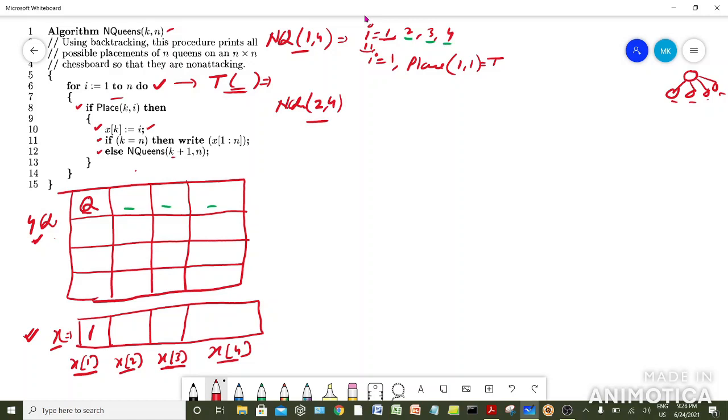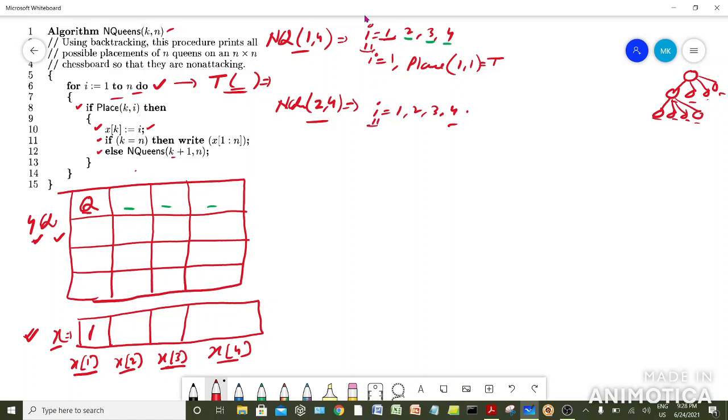Now we are working on the placement of the second queen, or the queen in the second row. Again, function t is going to result that we can place a queen in first, second, third and fourth. So again it generated 4 children.